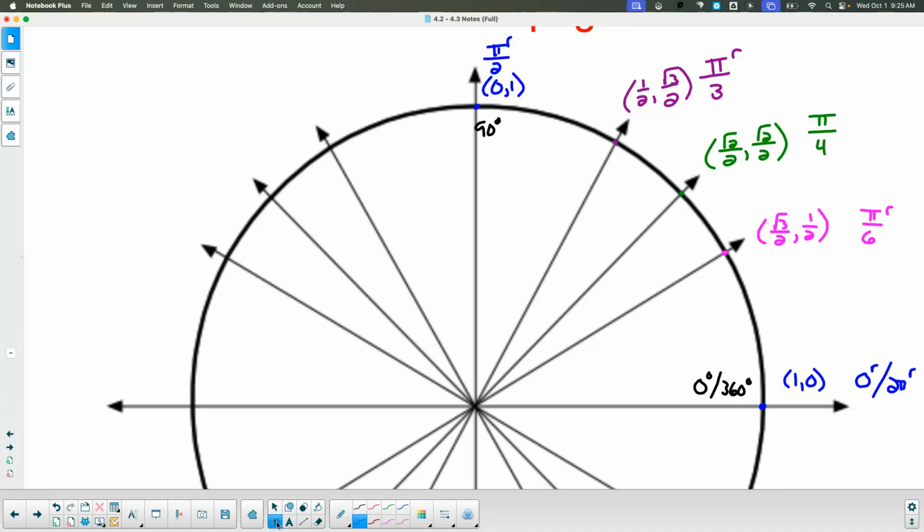The square root of 1 over 4, which is 1/2. The square root of 2 over 4, which is the square root of 2 over 2. The square root of 3 over 4, which is the square root of 3 over 2. The square root of 4 over 4, which is 1. Okay? And then working back the other way. There's that trick also.